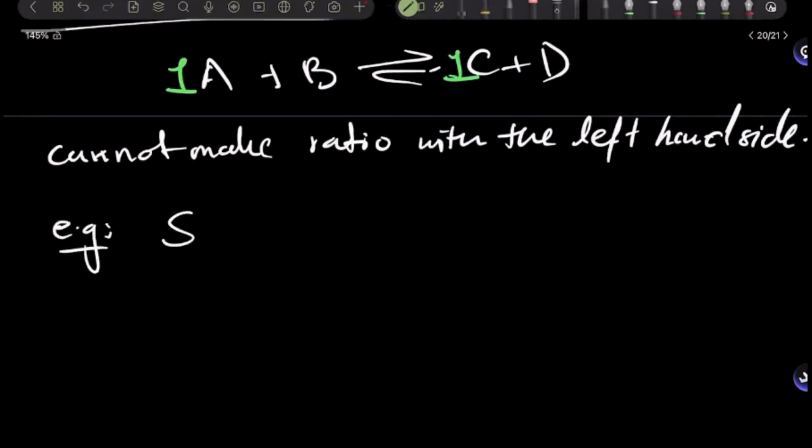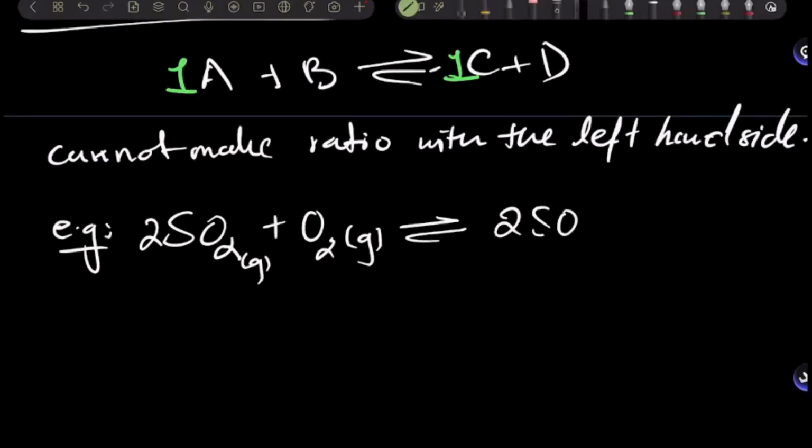For example, SO2, in the contact process, 2 moles of SO2 react with O2 gas and form 2 moles of SO3 gas. Now it is completely correct that 2 moles of SO2 and 1 mole of O2 would not make 2 moles of SO3.